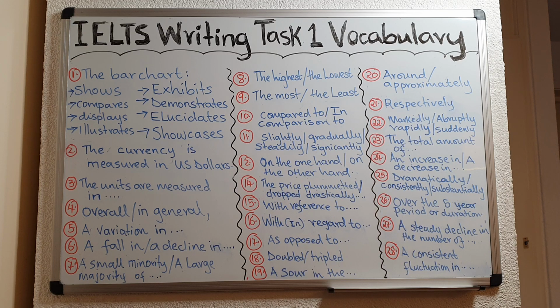If it is not small, then it is large. Minority means few. Majority means many. So you can say a small minority of the population lived in the slums in the year 2020.